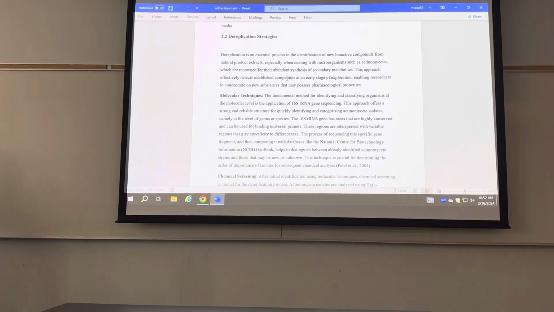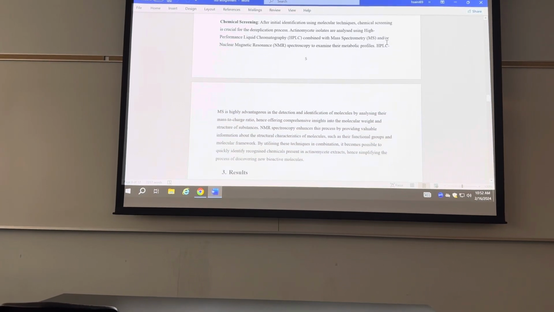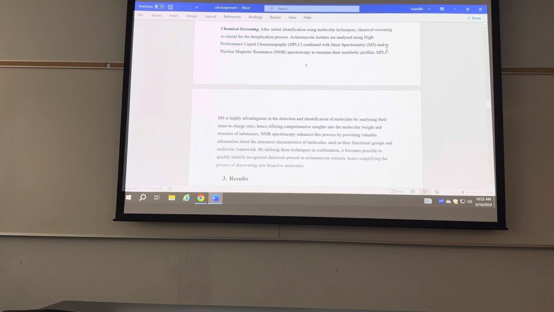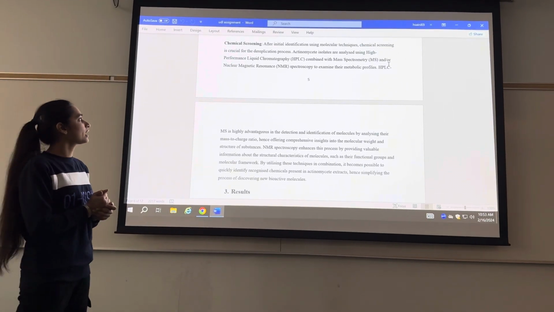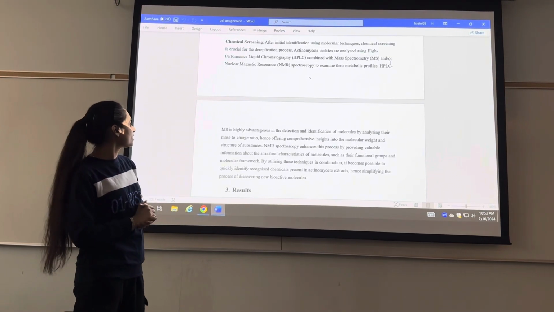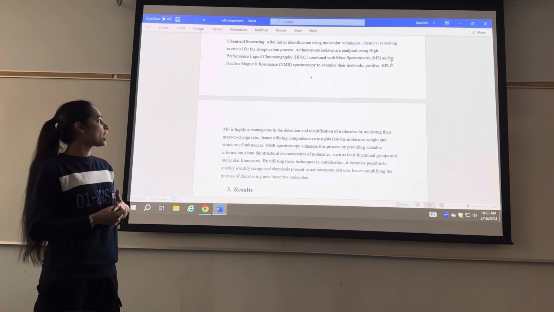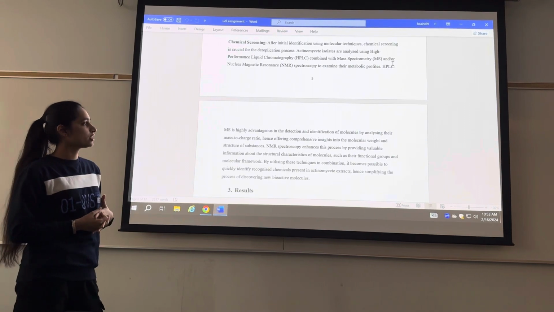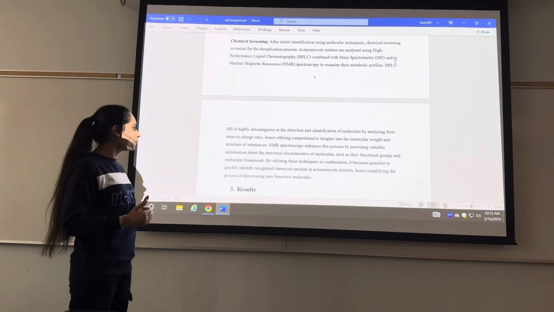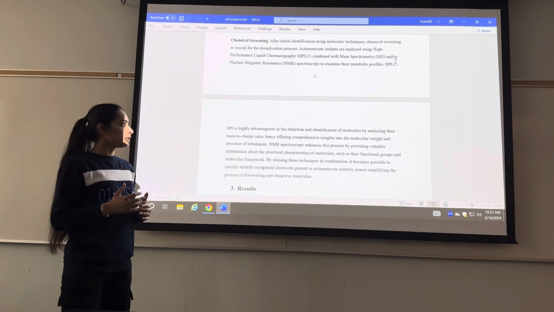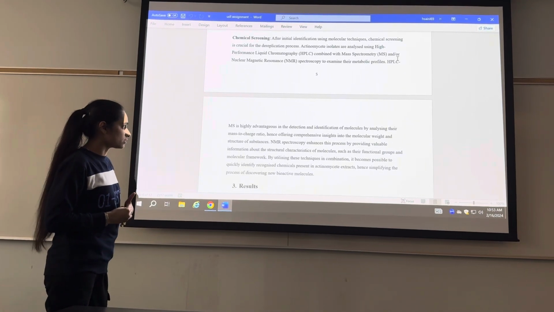So now we will move to the chemical screening, that is, how we can identify with the help of chemical methods. We do have a lot of methods like HPLC, NMR, MS. In this we are using MS, which is highly advantageous in the detection and identification of molecules by analyzing their mass to charge ratio. Hence it offers a comprehensive insight into the molecular weight and structure of substances.